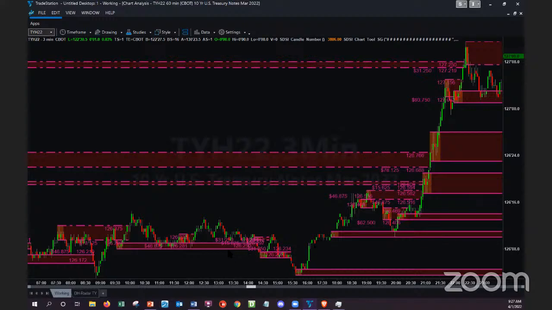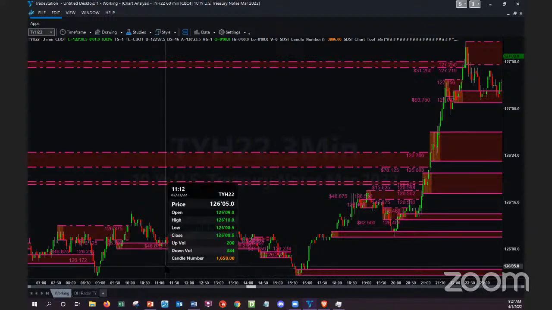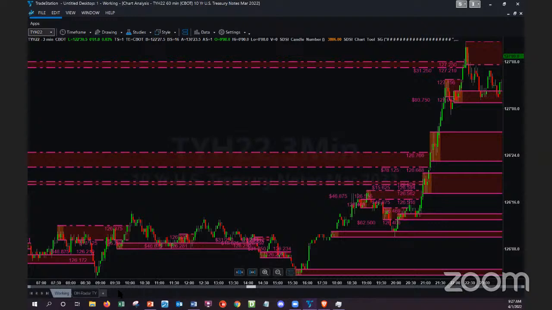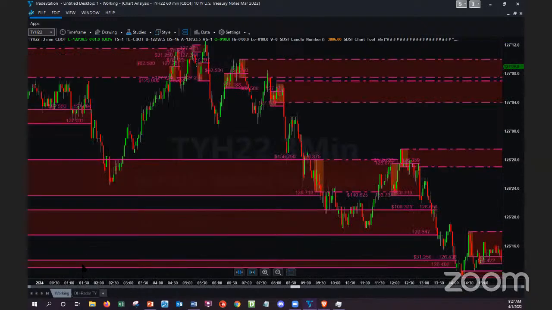We don't have the gaps that we saw. So what's the date on this? This is 2/23, 11:12. So that's midday. Let's see, 2/24. 2/24 looks fairly decent.